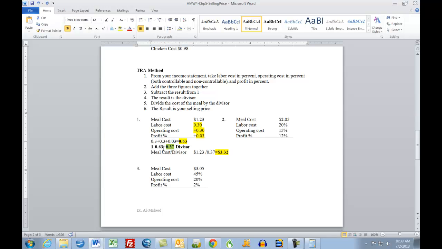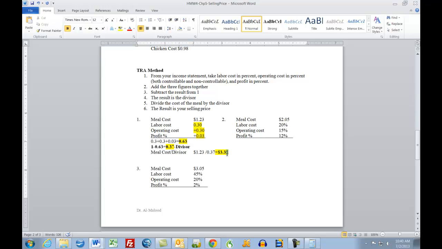By subtracting all of your expenses and desired profit from 1, you're saying that you want to make sure that all of your costs and profit margins do not exceed 63% of your total sales, which means that your food cost is going to be 37%. So when we take $1.23 and divide it by a desired food cost of 37%, we get a selling price of $3.32.